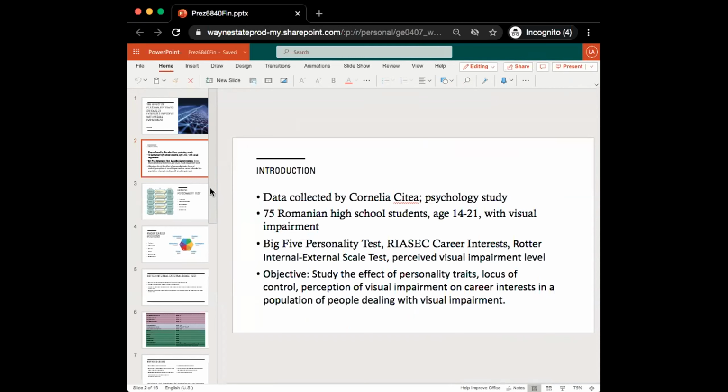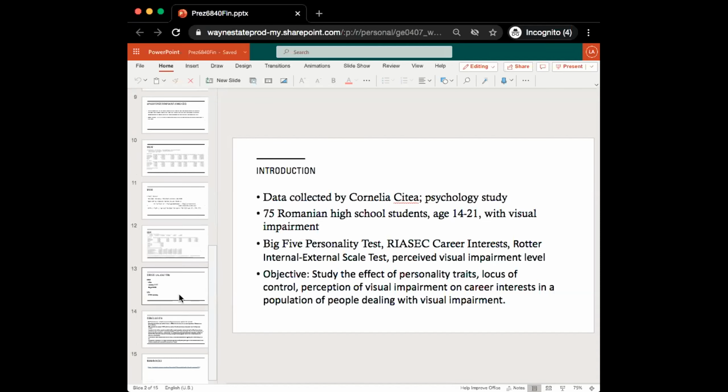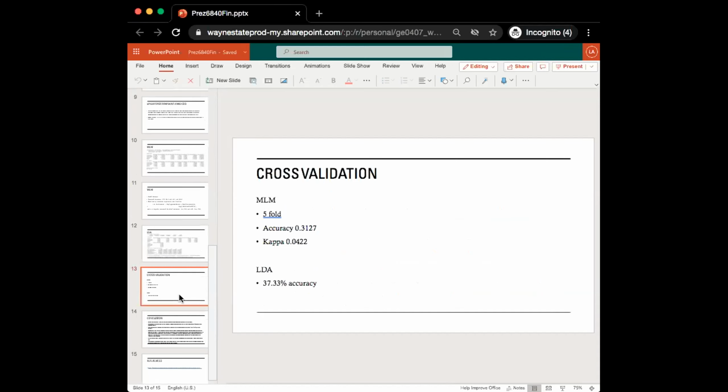I have a question too. You mentioned kappa as a measurement for goodness of fit, or can you explain that more? I haven't heard of kappa for multinomial regression. So let's see. Yes, after performing the cross-validation, there are several statistical variables.